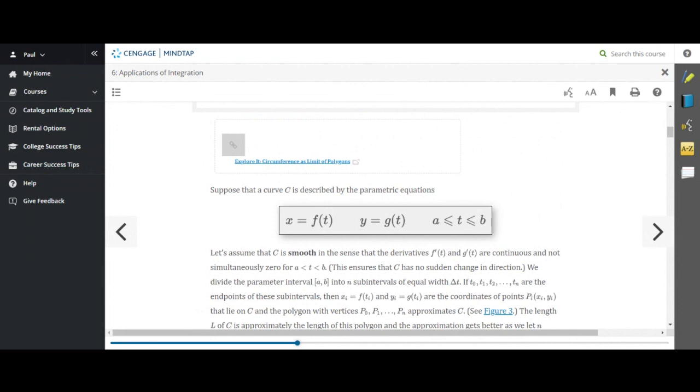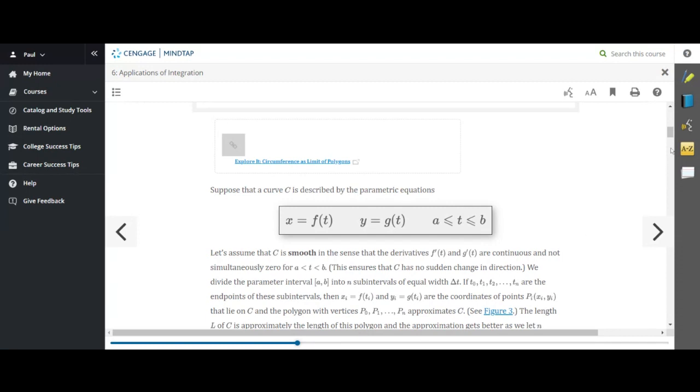Well, how about cosine of t and sine of t? That would trace out a circle, and t would go from 0 to 2 pi. If you put your calculator or Desmos in parametric mode, you could trace out a circle.